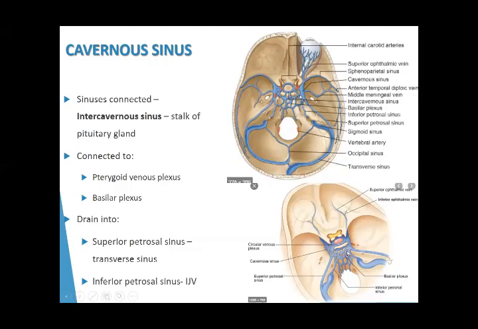So the cavernous sinus is connected. ये देख लीजिए, ये cavernous sinus है and it is connected to the basal plexus of veins. Besides, आपको ये भी पता है कि we've discussed this earlier on that the pterygoid venous plexus हमने किया था, पिछली substage में भी था, that is connected also to the cavernous sinus. So इसकी अब जो connections हैं उसमें basal plexus of veins and pterygoid venous plexus.